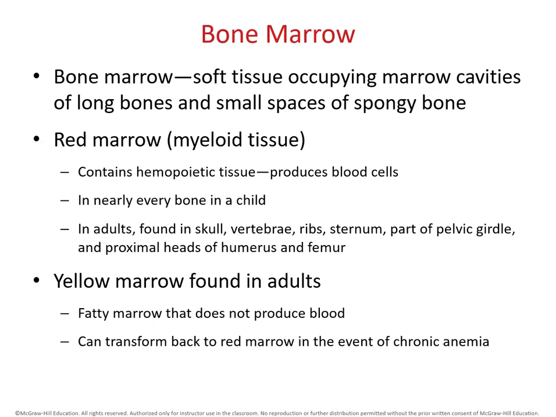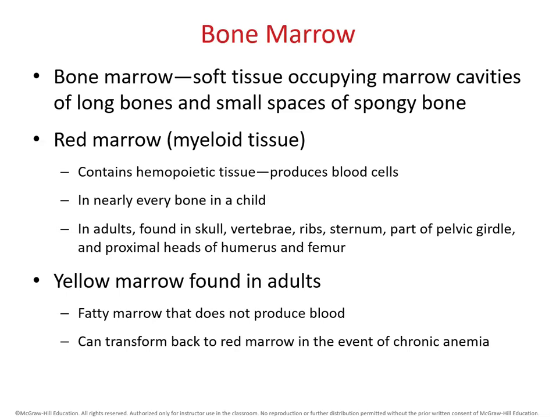In children, as their blood system and immune system is developing, almost all of their marrow is red marrow. In adults, red marrow is confined to the skull, the vertebra, ribs, sternum, the hip bones, and the heads of the humerus and femur.